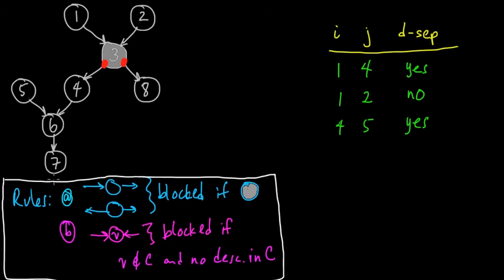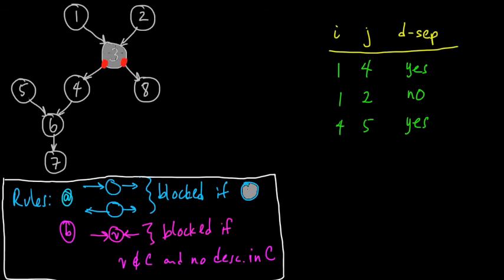And let's think about case B. Let's annotate it to denote case B. Case B is, if it's a head-to-head relationship, it's blocked if the vertex is not in C and no descendants are in C. So let's look wherever we have head-to-head relationships, and let's block the head-to-head paths that fall in this situation.